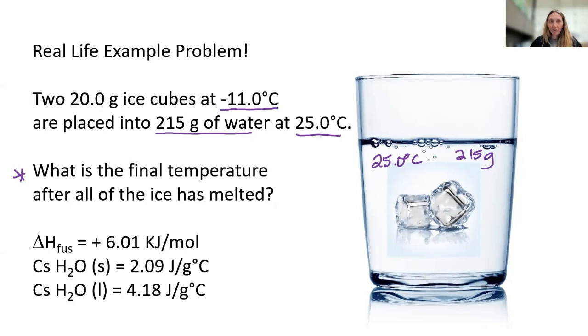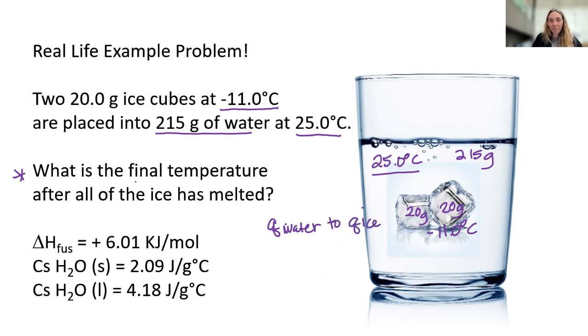Okay, so basically our water here is 25 degrees Celsius, and we have 215 grams of that water. Now we have our ice cubes, they're 20 grams. And I assume both ice cubes are 20 grams. So we have a total of 40 grams of ice. And those ice cubes are -11 degrees Celsius. So since our water's hotter, the heat is going to flow from the water to the ice, right?